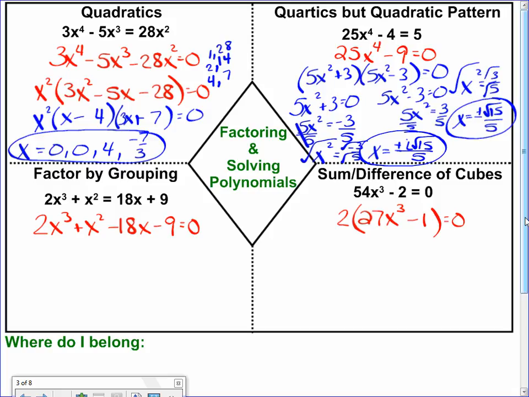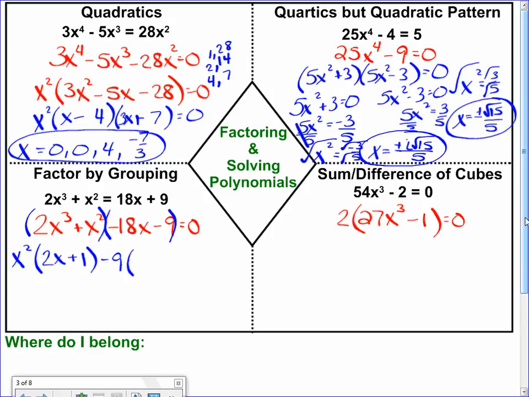Okay, factor by grouping. How do you attack that one? Good. We group the first 2. Group the last 2. GCF in the first set. What's left when I take out an x squared? 2x plus 1. Good. GCF in the second set? Just 9? Negative 9.